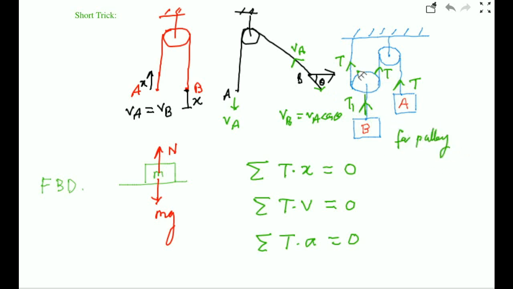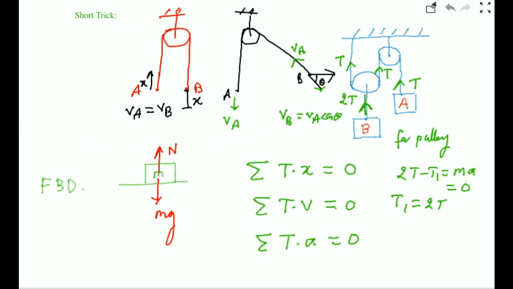Upward force is 2T, downward force is T1. So 2T minus T1 equals mass into acceleration. The mass of the pulley is 0, so T1 equals 2T. So always you have to write 2T here. If the string is massless, then the tension on block B will be 2T.